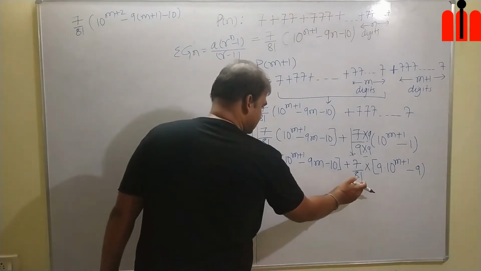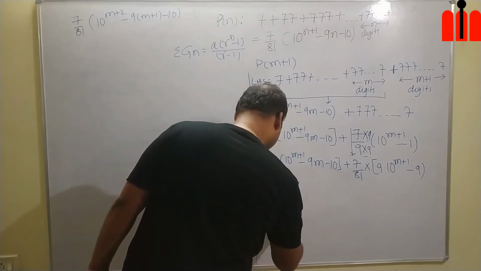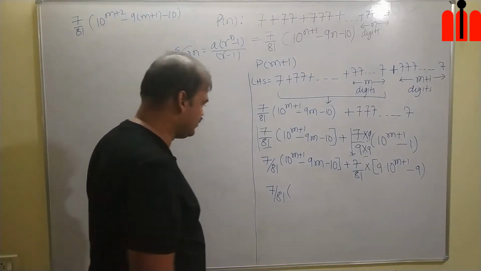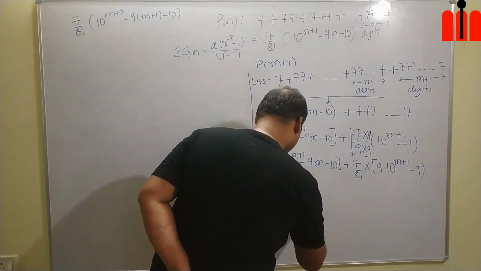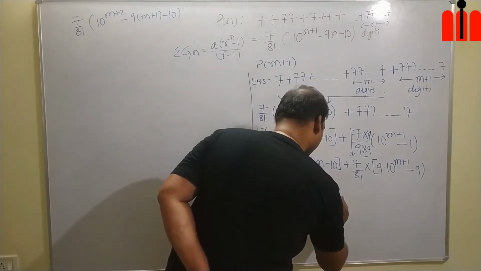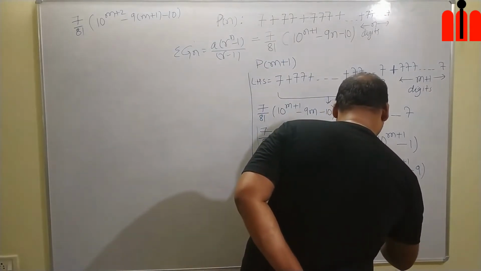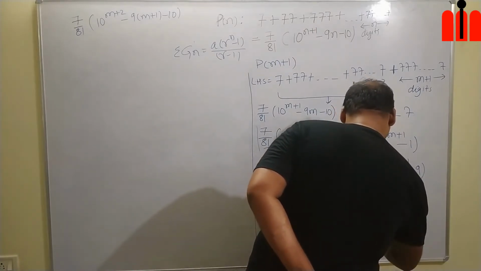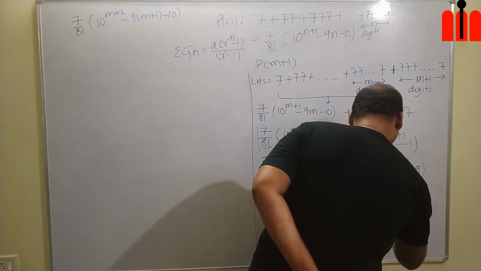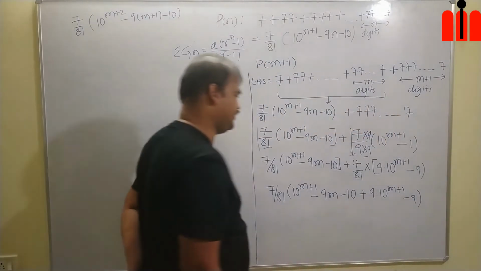Now you can take the entire 7 by 81 common. It will be 7 by 81 times 10 to the power of m plus 1 minus 9m minus 10 plus 9 into 10 to the power of m plus 1 minus 9.